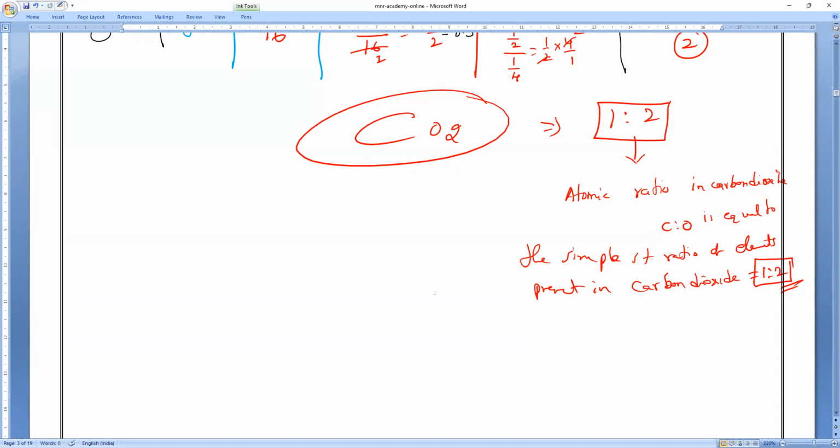During formation of a compound, atoms take part as a whole, not in fraction. So always atoms will combine in a whole number, not in fractions. That is what you have to remember.